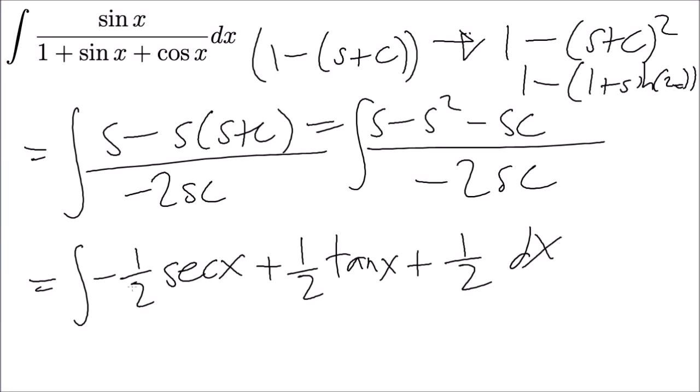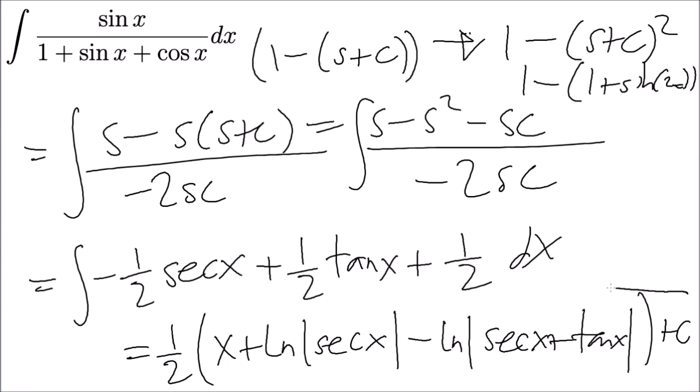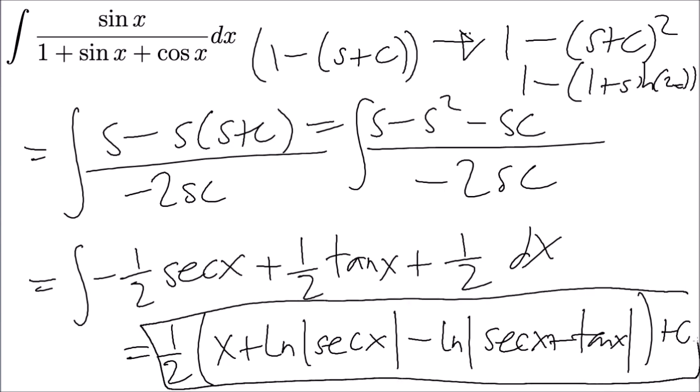But bam, look at that. This is all a half of x plus ln of secant x minus ln of secant x plus tangent x. I am done. Bam. Screw your techniques, JEE Main.